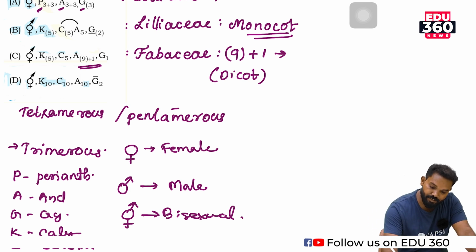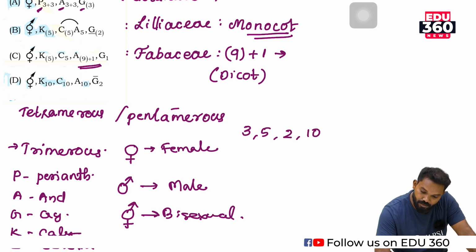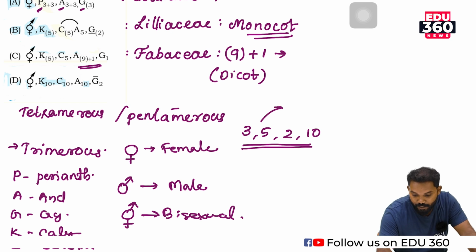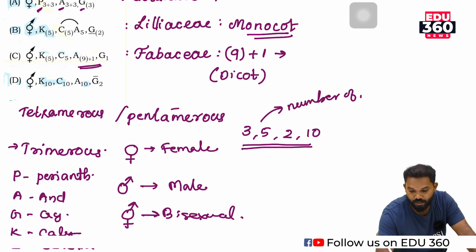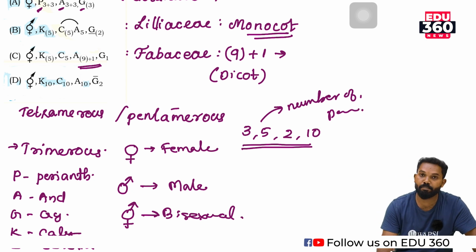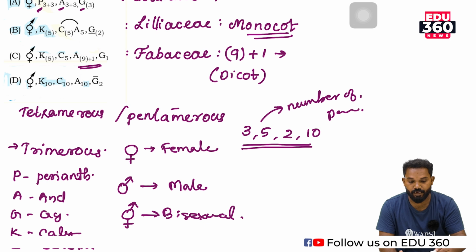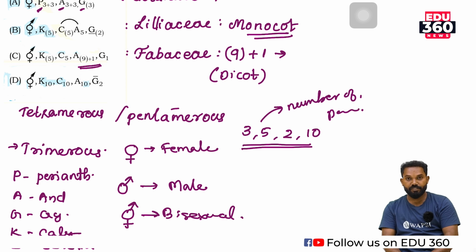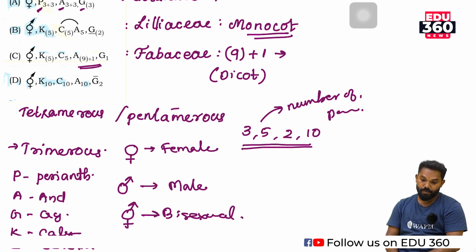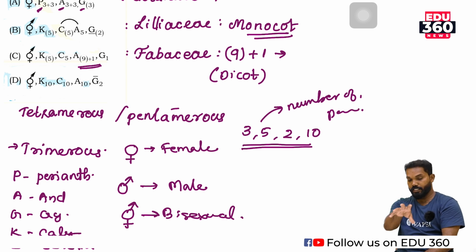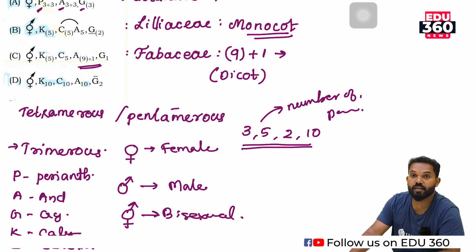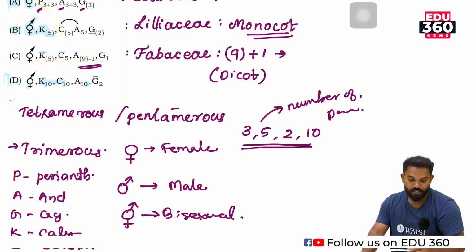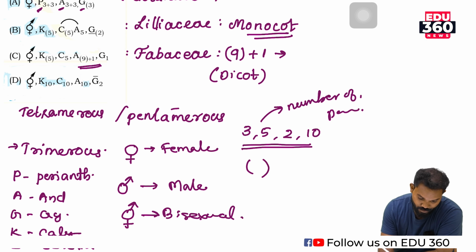Then some numerals are present: 3, 5, 10, 2, etc. These numerals refer to the number of parts: the number of sepals, the independent units of the calyx, the number of petals, the independent units of the corolla, the number of stamens, the number of carpels, etc. They also use symbols like a bracket and an arch.